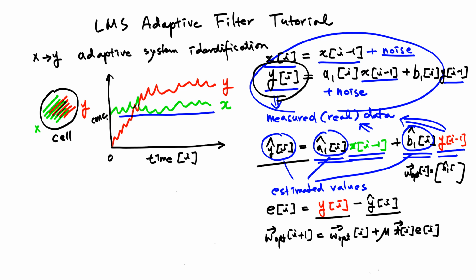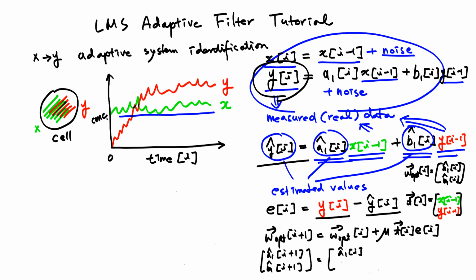And what is w opt of i? It's a vector: a sub 1 of i hat and b sub 1 of i hat. And what is this data vector t of i? This is also a vector: x of i minus 1, y of i minus 1. And we can rewrite this like this. a1 of i plus 1 hat, b sub 1 of i plus 1 hat is equal to a sub 1 of i, b sub 1 of i plus mu times data vector t of i, which is x of i minus 1, y of i minus 1.